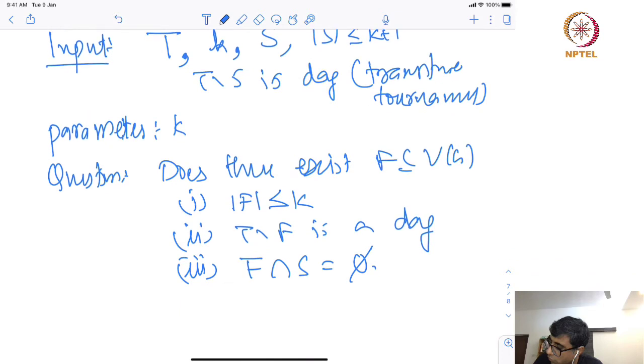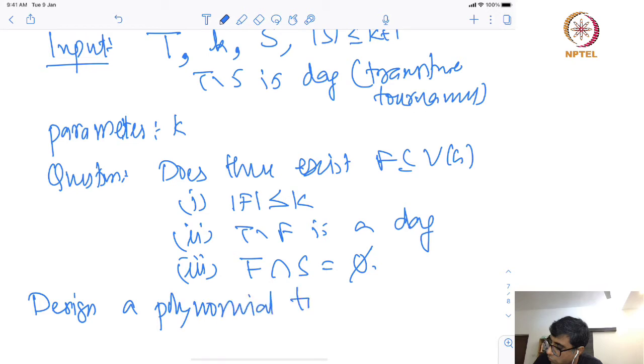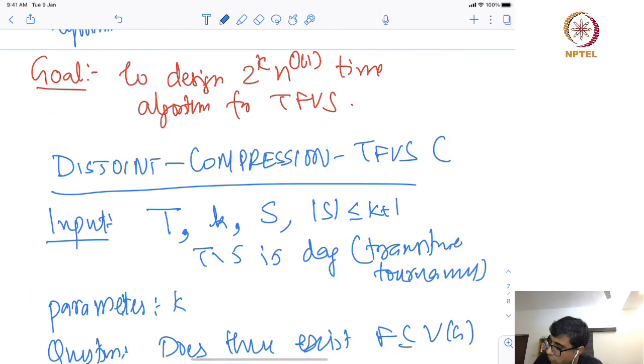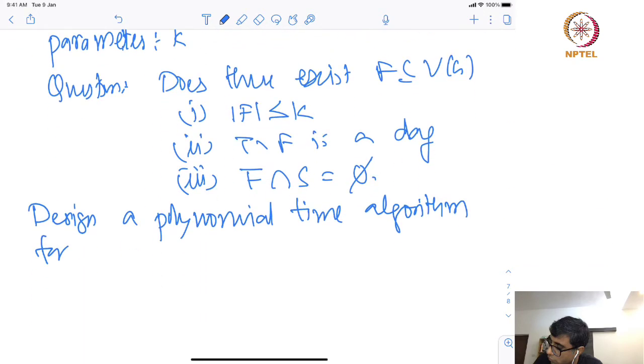So now we are going to design a polynomial time algorithm for what we call disjoint compression TFVS, disjoint compression tournament feedback vertex set. This is our goal.